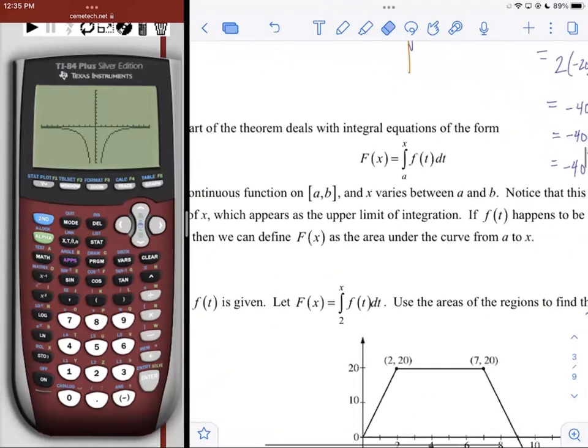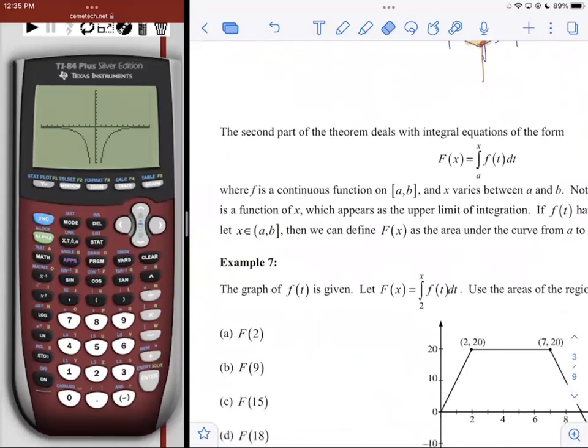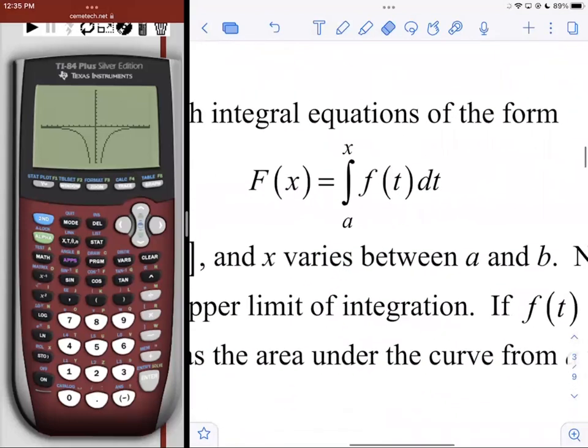So let's go ahead and define this. The second part of the theorem deals with functions of this form. Let's define big F of x to be the definite integral from some constant a that's in the domain of little f to a variable x of f of t dt. Ooh. Now, what the heck does that mean?